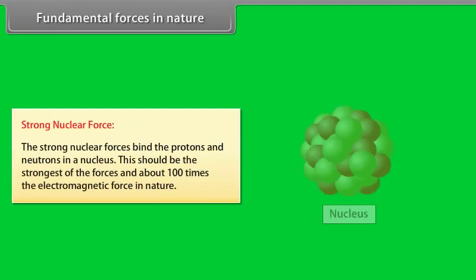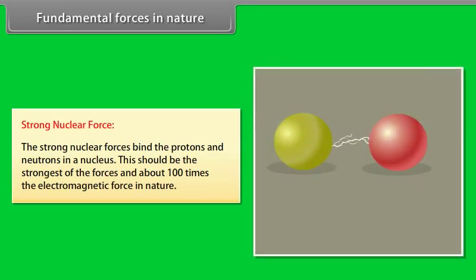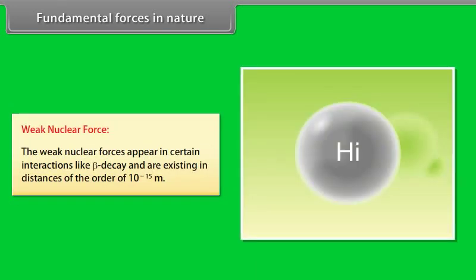The strong nuclear forces bind the protons and neutrons in a nucleus. This should be the strongest of the forces and about 100 times the electromagnetic force in nature. The weak nuclear forces appear in certain interactions like beta decay and exist in distance of the order of 10 raised to the power minus 15 meter.